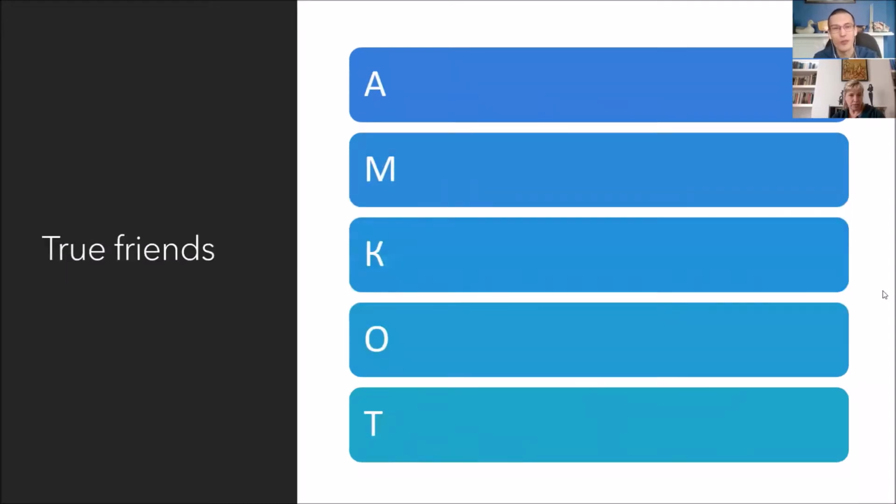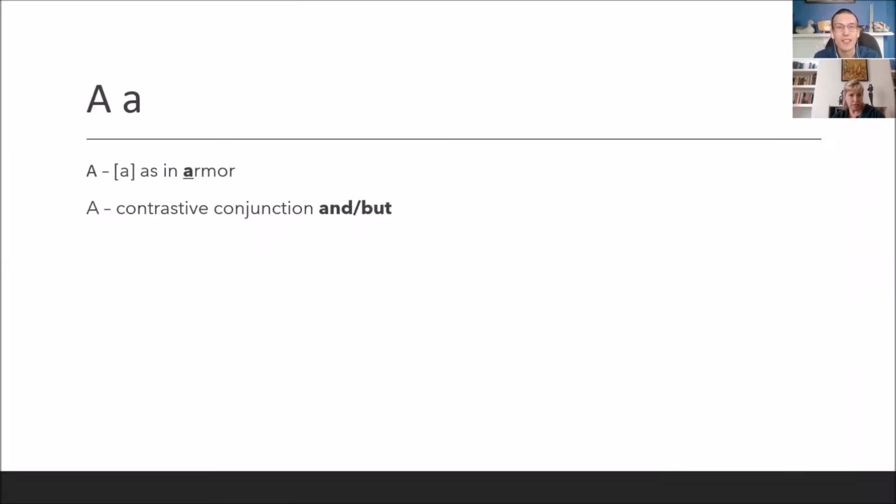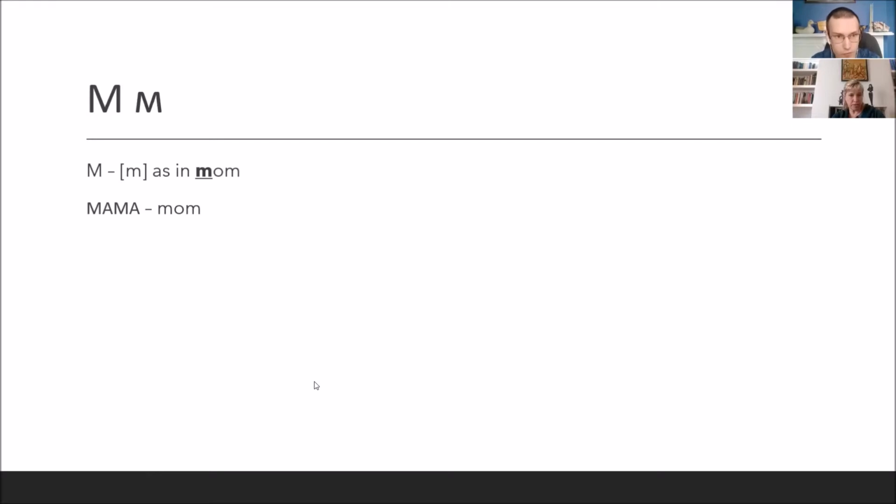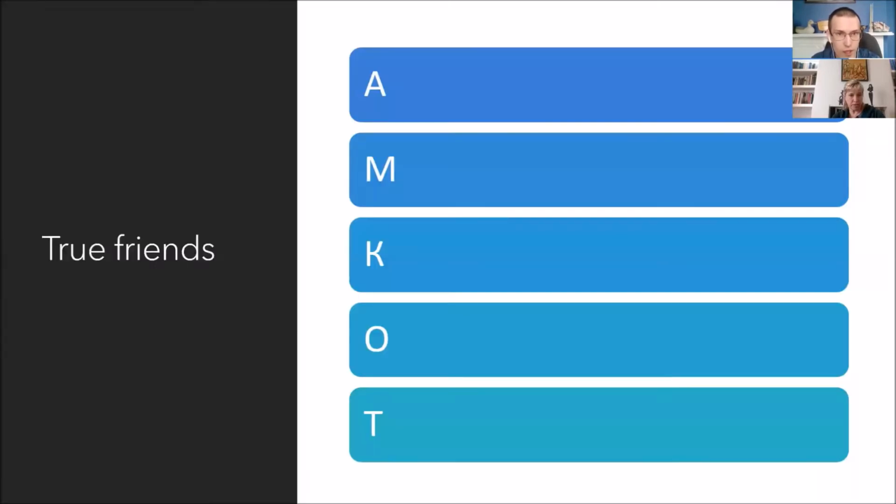So let's start with the true friends. These are the letters like A, M, K, O, T. They are called true friends because they are written the same way as they are in English, and they have pretty much the same sound.